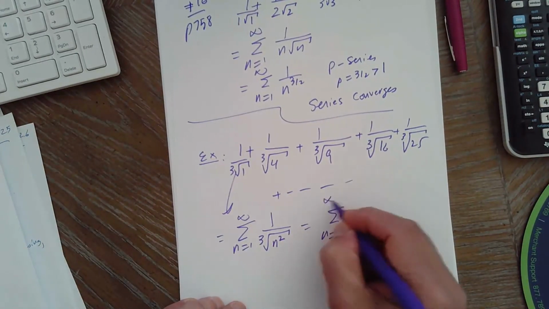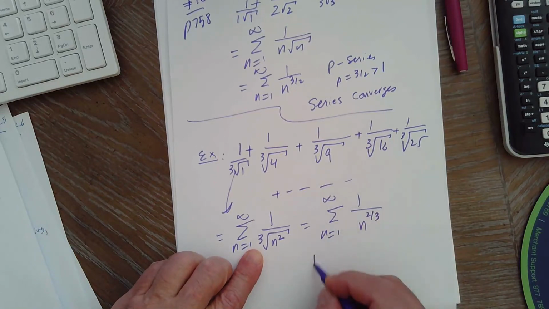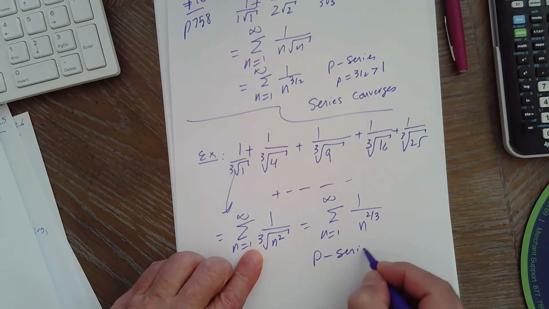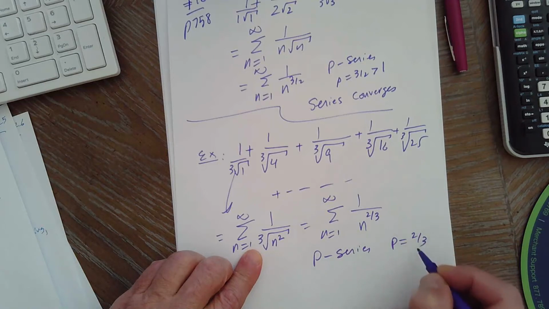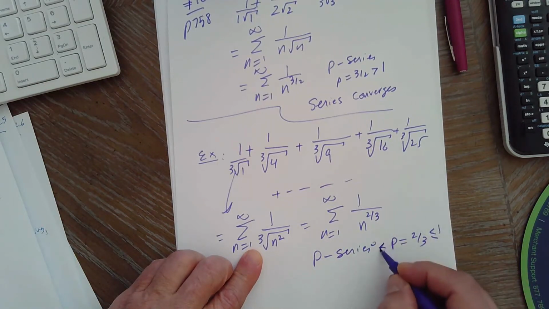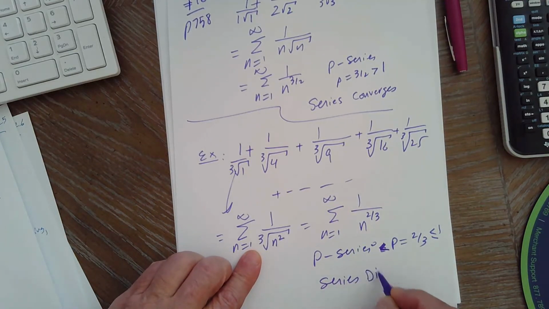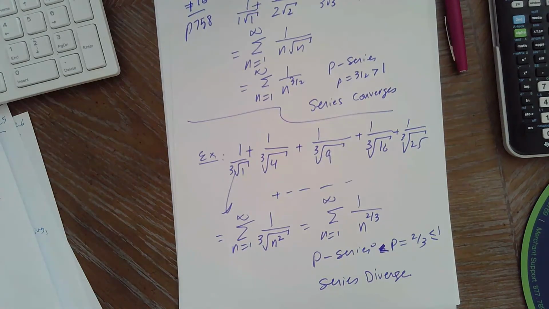We can write it as a p-series where p is 2/3, which is between 0 and 1, greater than 0. So we say the series diverges.